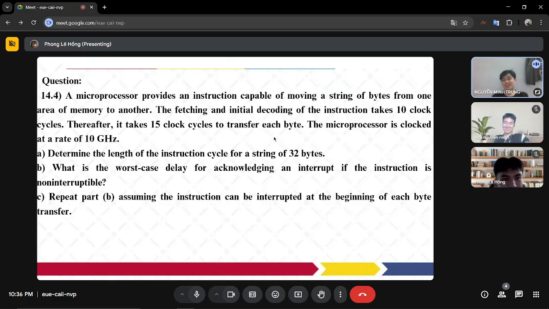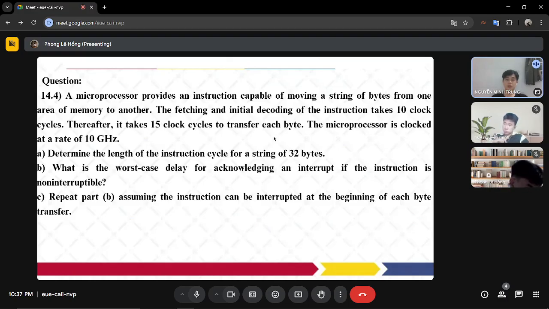Question 44. A microprocessor is executing an instruction to move a string of bytes from one area of memory to another. The fetching and decoding of the instruction takes 10 clock cycles. After that, it takes 15 clock cycles for each byte transfer.